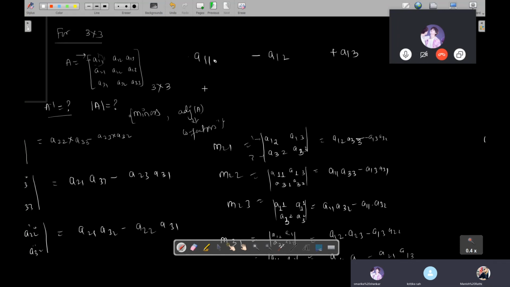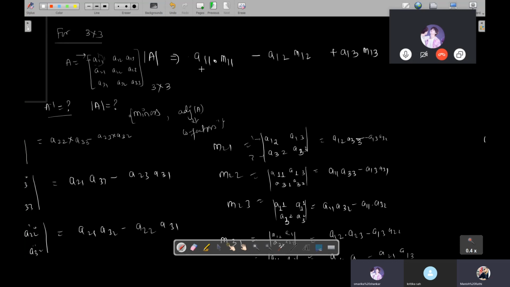After A11, you need to multiply the corresponding minor. So M12, A13, M13. This is how we find determinant of A: A11 M11, A12 M12, A13 M13.